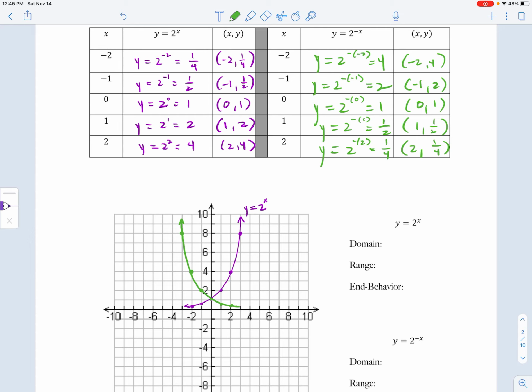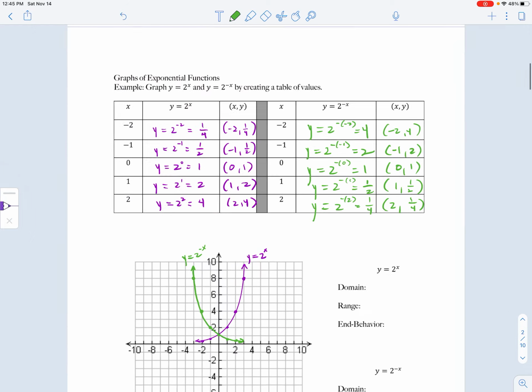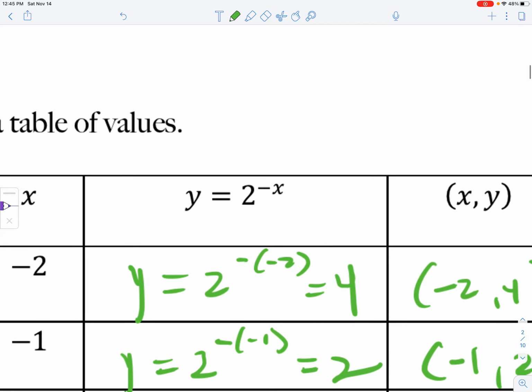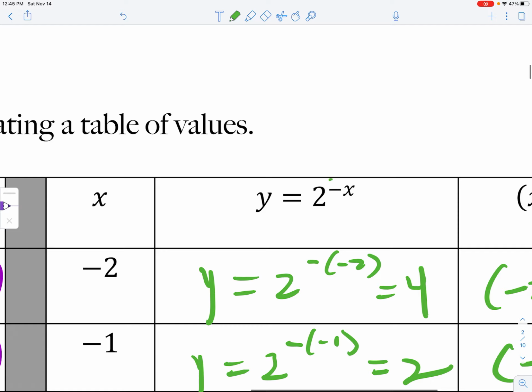That one does not want to make the nice curve. So that's y equals 2 to the negative x power. And again, remember, I just said that we could think about graphing exponential functions using the same translations and transformations.